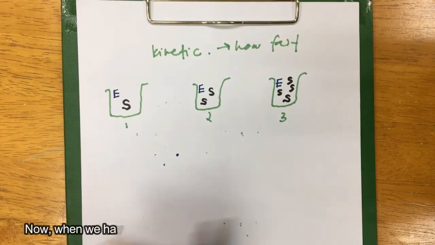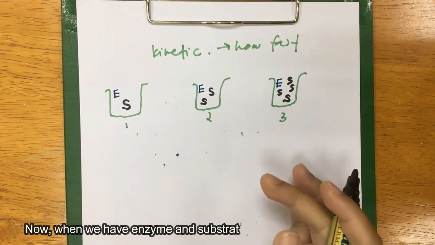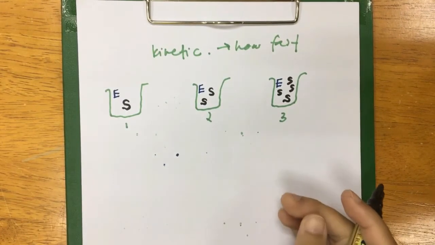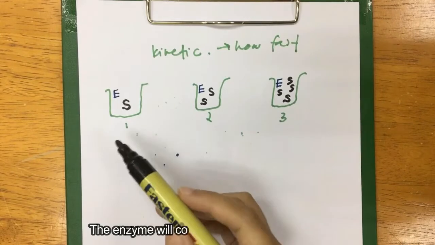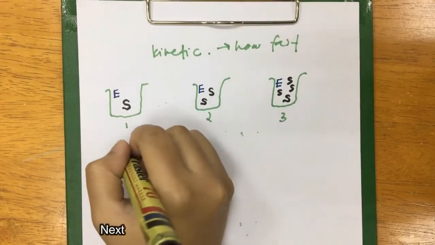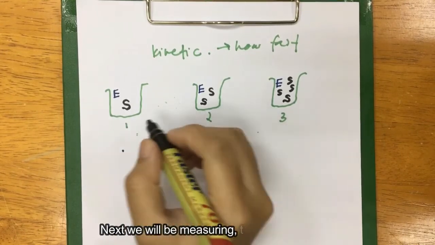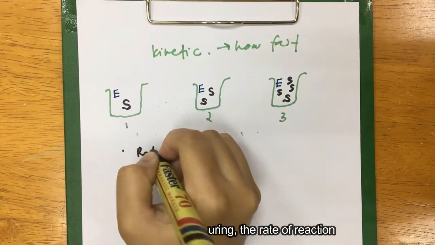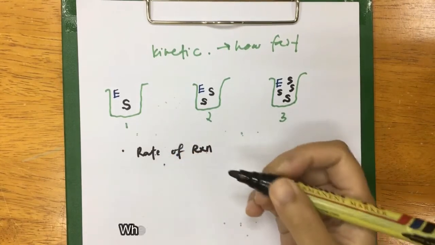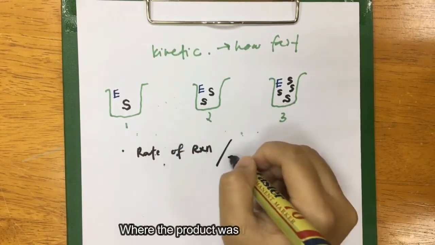Now, when we have enzymes and substrate, the enzymatic reaction will happen. The enzyme will convert the substrate into product. Next, we will be measuring the rate of reaction, where the product was formed over time.